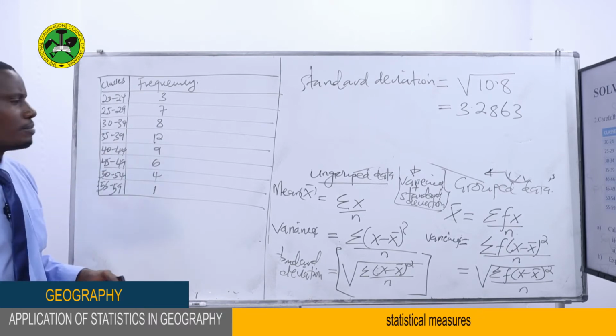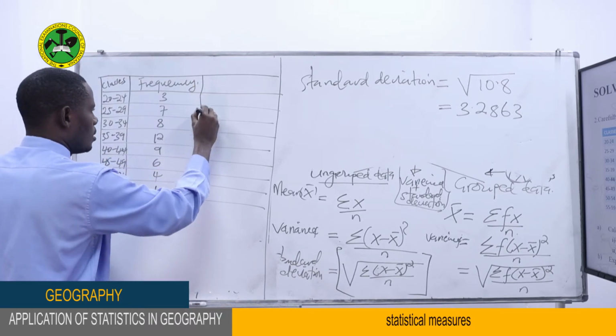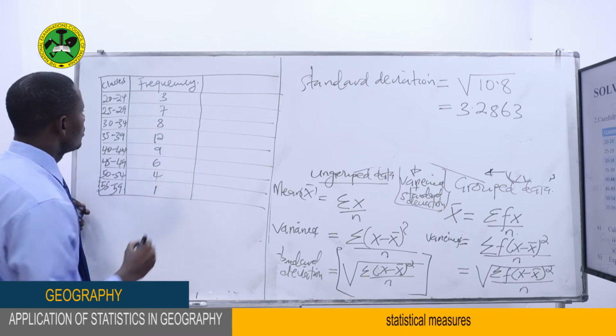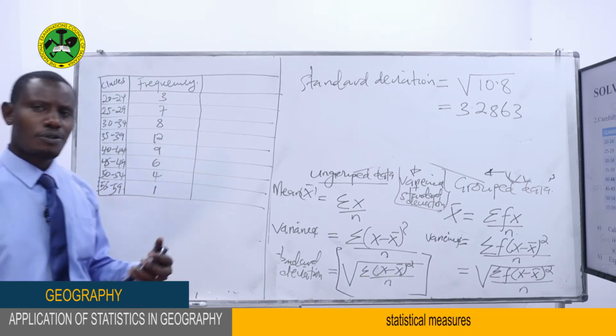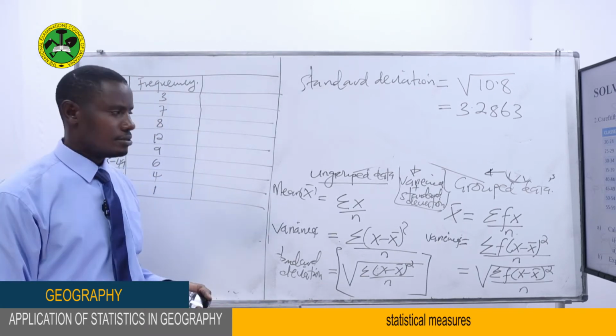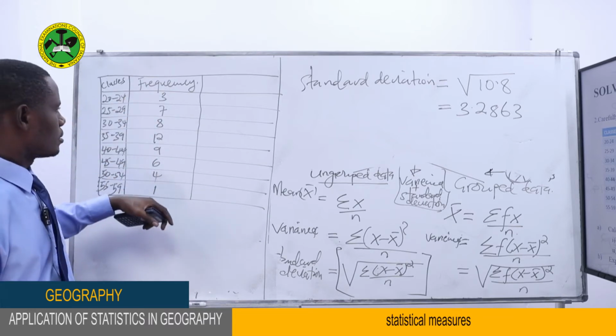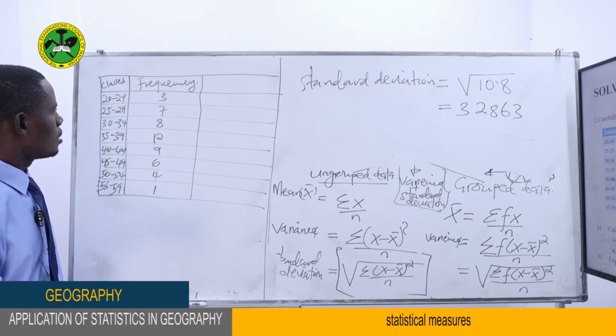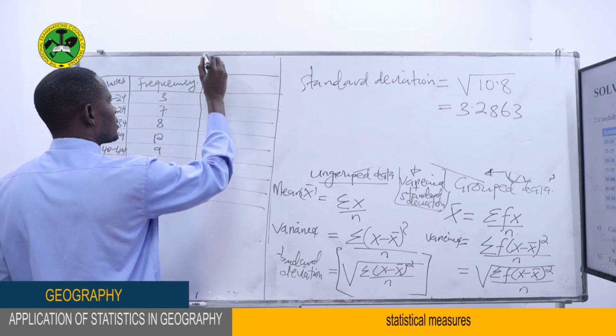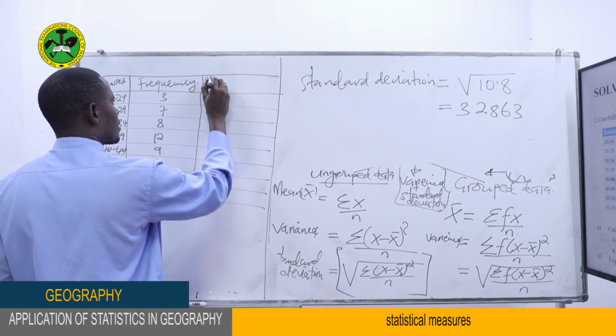So over there, we should establish another column. As we have said, we cannot compute the variance or the standard deviation if we don't have the mean. And remember, this is grouped data. So for the mean, we should establish something known as the class mark.